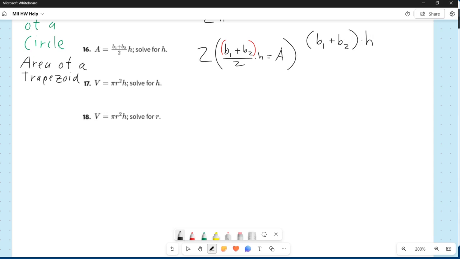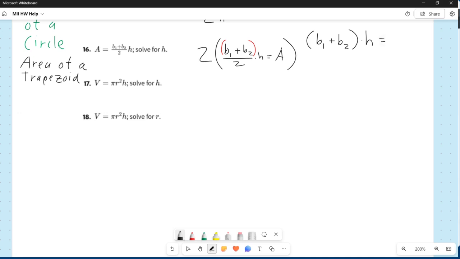The original fraction did not have parentheses around the b1 plus b2, or rather they were there, but they were invisible, right? We don't normally write them. But when we multiply by 2 in this context, we get rid of the fraction, but the b1 plus b2 is still being grouped together and then multiplied by h. So if you use this method, you have to include the parentheses there. Otherwise, it's wrong. This is not an optional thing, okay?